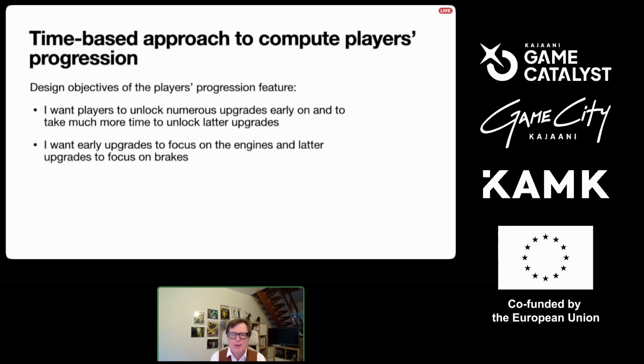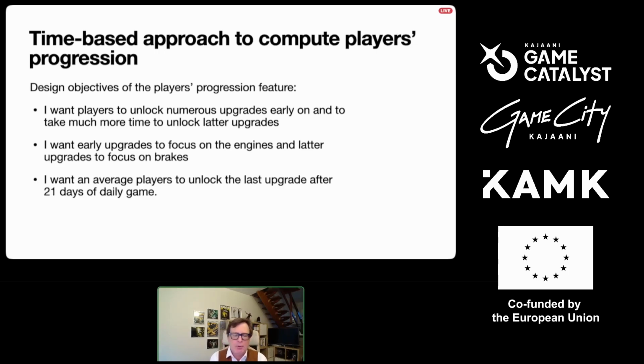Why? Because early on, I want to get players excited by the progression. In racing games, players are usually more thrilled to upgrade the engine than their brakes, because they say, well, with the engine, I'm going to go faster. To them, it sounds like better rewards. So on purpose, I decide that through my progression, players essentially upgrade engines first.